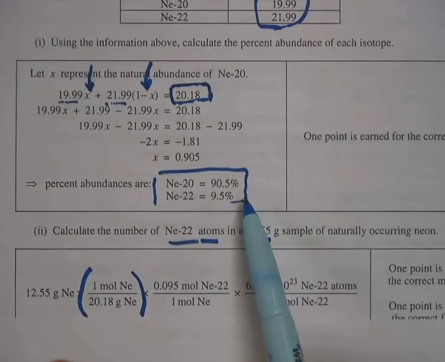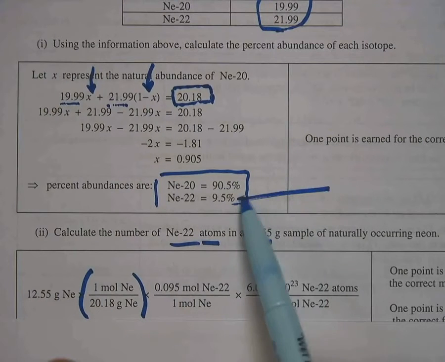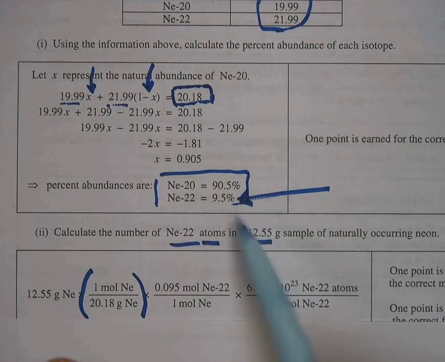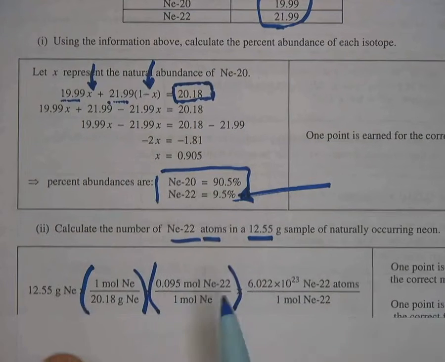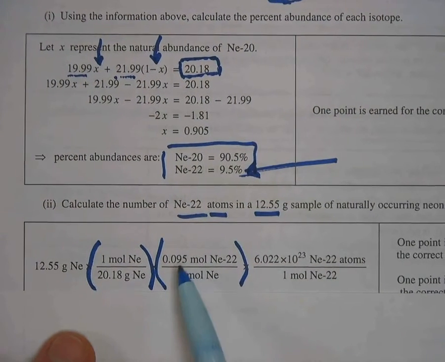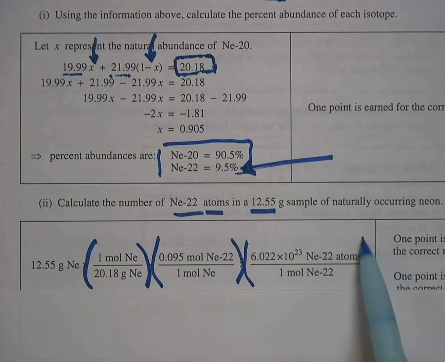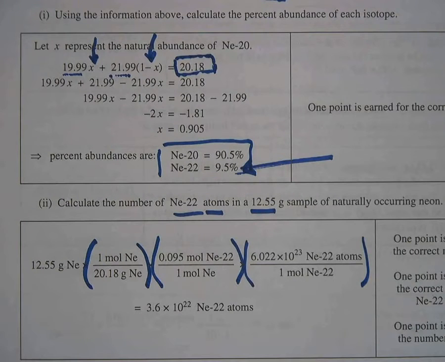Then I knew that 9.5% of naturally occurring neon is neon 22. So I multiply it times that 9.5% as 0.095. And then in 1 mole, there are 6.02 times 10 to the 23. And you can see that they ended up with that answer right there.